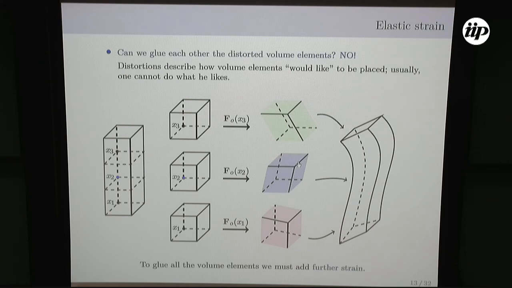And the elastic energy pays for this part of the strain. So the distortion is for free. This is a reference configuration of the volume element, and this is the ground state of the volume element. The volume element would like to be like that, but it cannot realize this configuration because it has to stay attached to this one and to this one. So you have to add further strain, and so you pay for that.